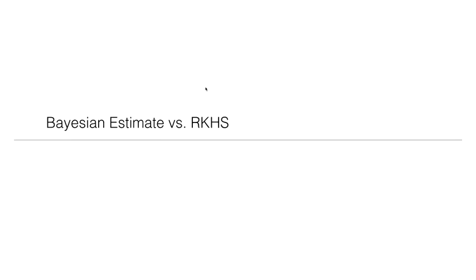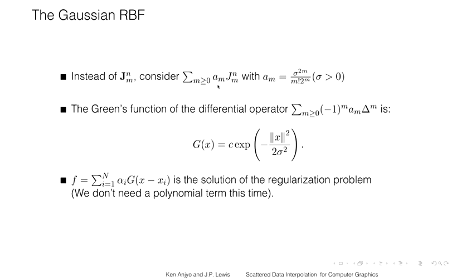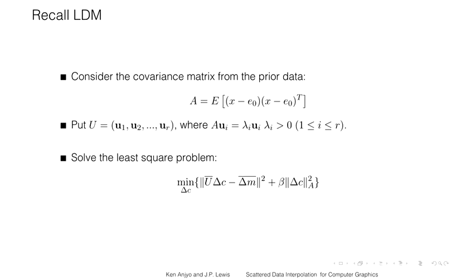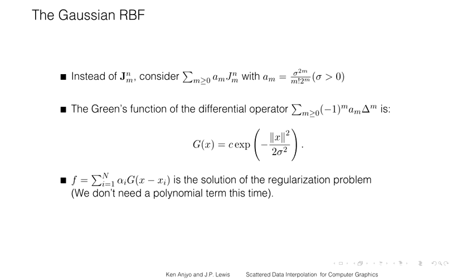And especially when we take the coefficient a_m as described here, where sigma is the variance and should be positive, then we have the Green's function for the infinite-order differential operator, as shown in the second line.